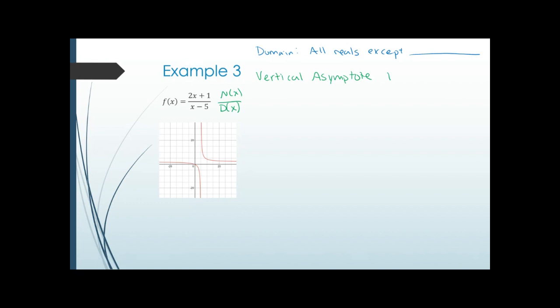So the vertical asymptote is d of x equal to 0. Our denominator is x minus 5, so we have x minus 5 equals 0. Then I solve for x, and I get x equals 5. So my vertical asymptote is now at x equals 5.